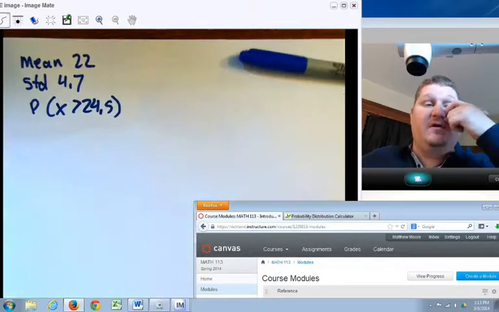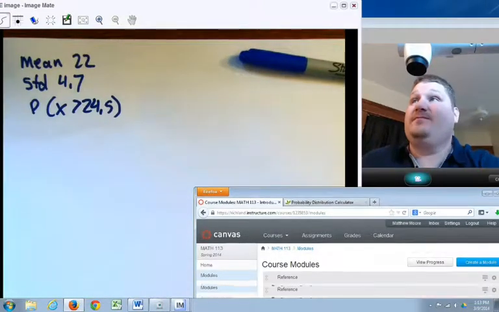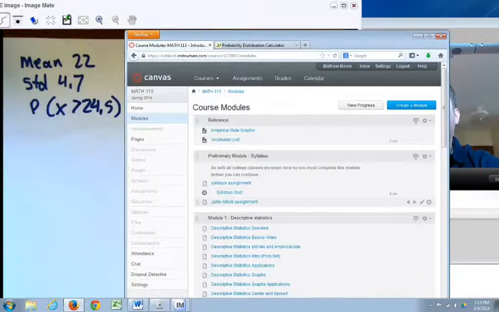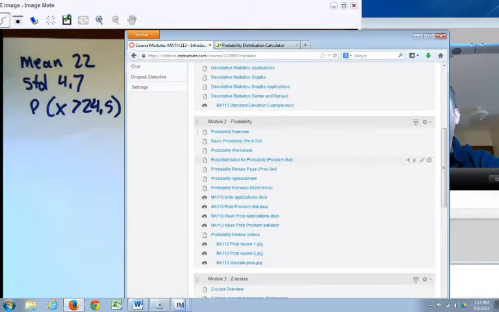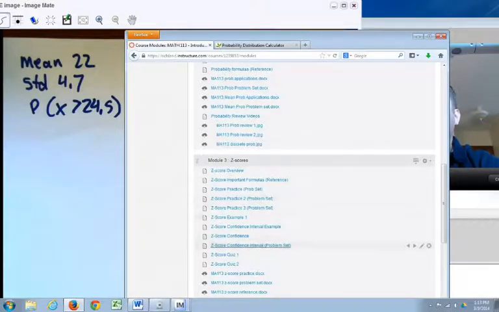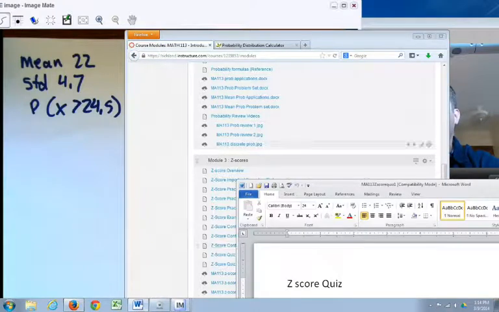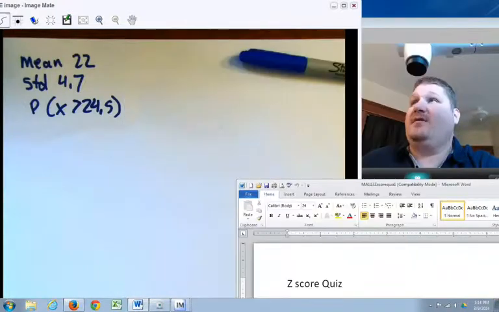What I'm doing is I'm simply going to the modules in Canvas, going down to z-scores, and going down to quiz number 1. If we go to quiz number 1, you can open it up in Word, and it shows up right here.